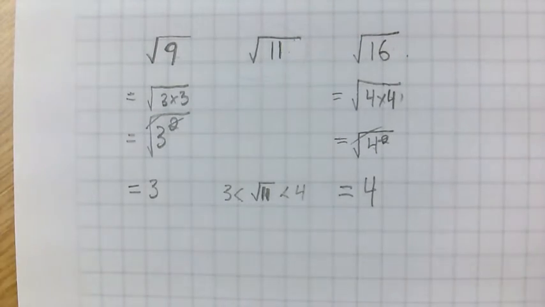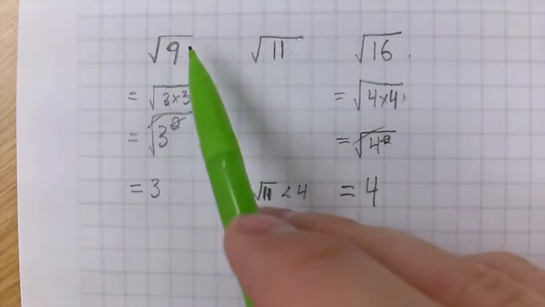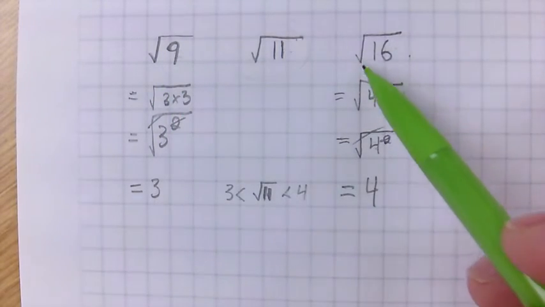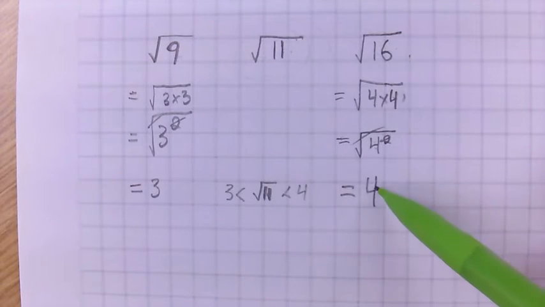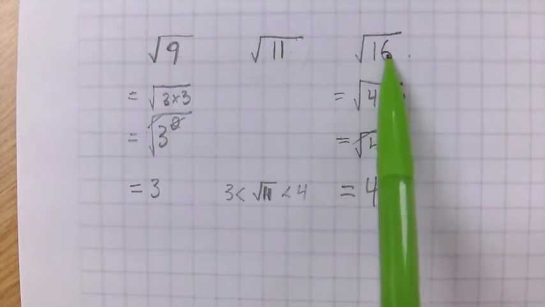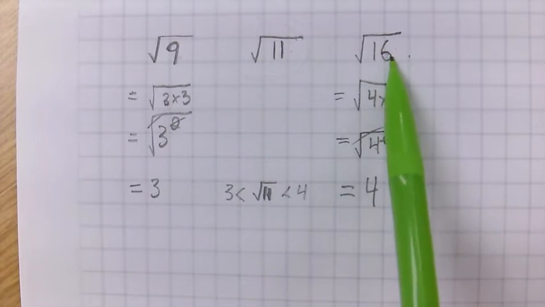And estimating is not just guessing out of the blue, like, oh, I think it's 2 or I think it's 3. It is a calculated guess, but it's a quick sort of thing where we know that the square root of 9 here is 3, and the square root of 16 here is 4, and we know that 11 is between 9 and 16. This is the one that's right below, and this is the one that's right above.